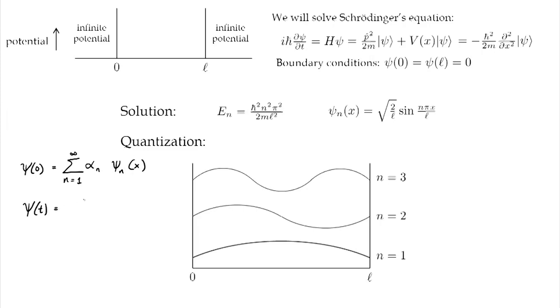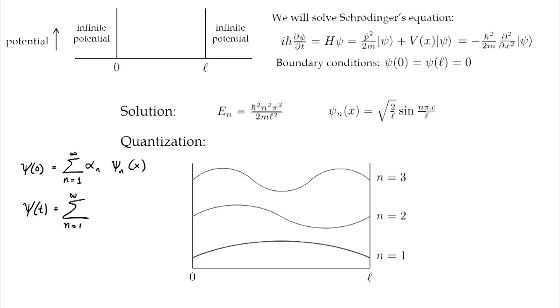And now psi of t is just going to be, well, for each of these eigenfunctions, what Schrödinger's equation tells us is that it evolves as follows. Basically, all that happens is that it picks up a phase. There's a phase that precesses at a rate that depends upon the energy. The higher the energy, the faster the precession.